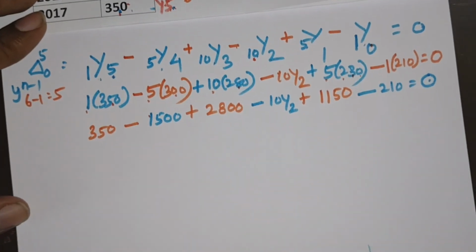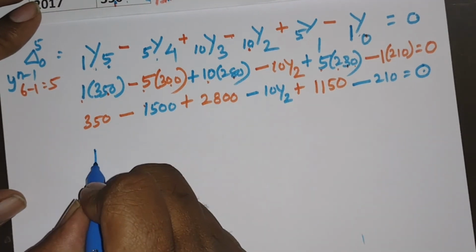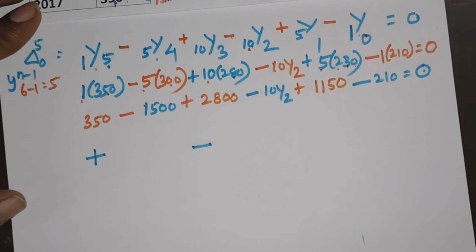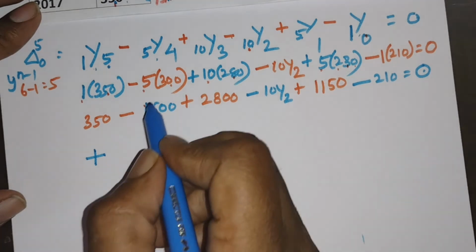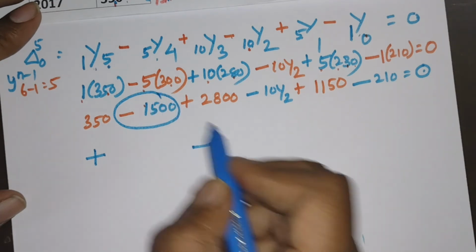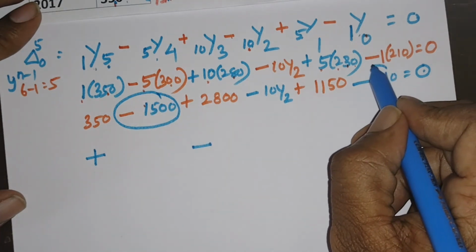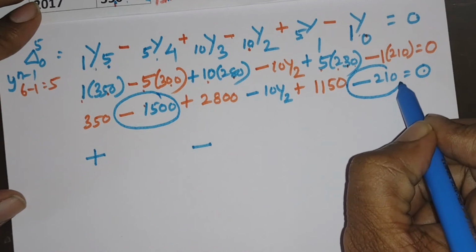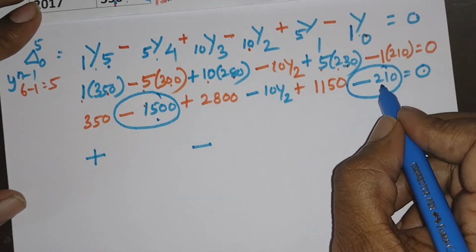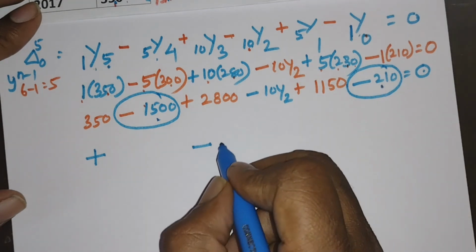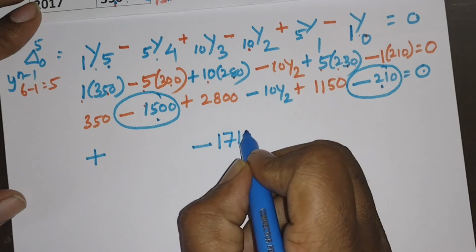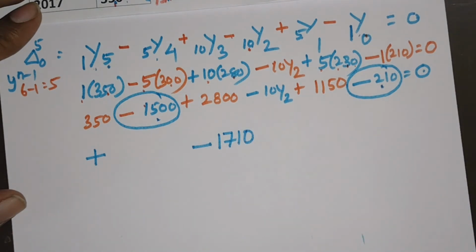Now club together all the plus values into one value and all the minus values into one. How many minus values are there? I will circle it, you see that. 510 and 1500 and 210. So 1500 and 210 it is 1710 in minus value.